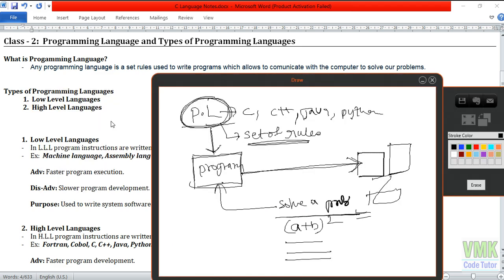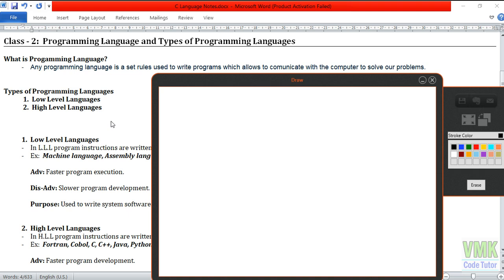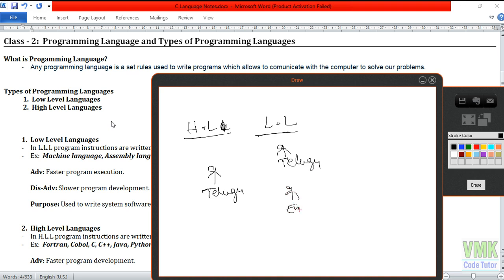Before that, we are going to understand one more thing. What do you mean by high level and what do you mean by low level? Assume there is one person who knows the Telugu language, and there is another person who knows the Telugu language, and then another person who knows the English language.